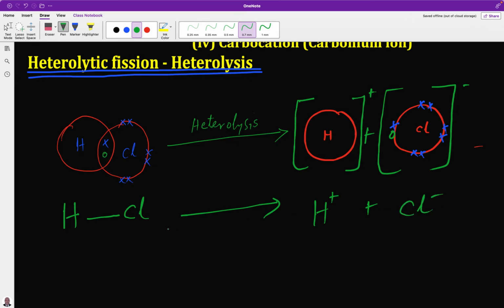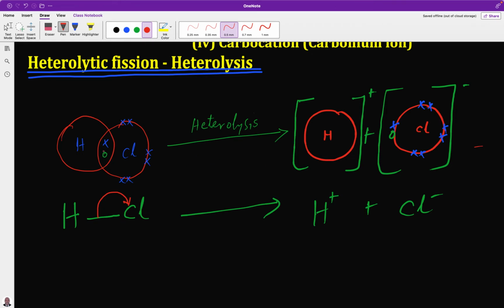But in this case something comes in. There must be a curly arrow here. The curly arrow indicates the movement of the pair of electrons.